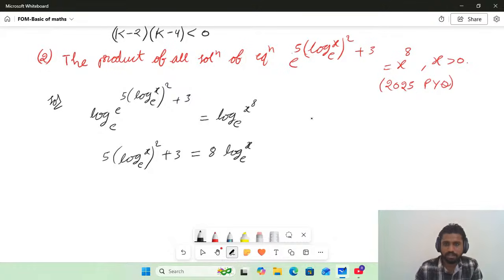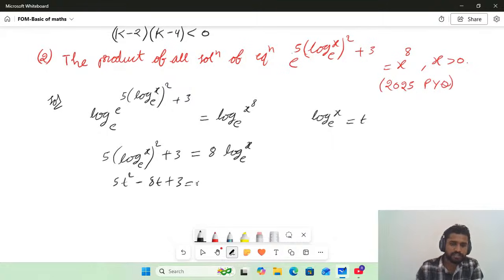Now consider this log x base e as t for some time. So the equation will become 5t square, and if I move this to the left side, minus 8t plus 3 equals 0.